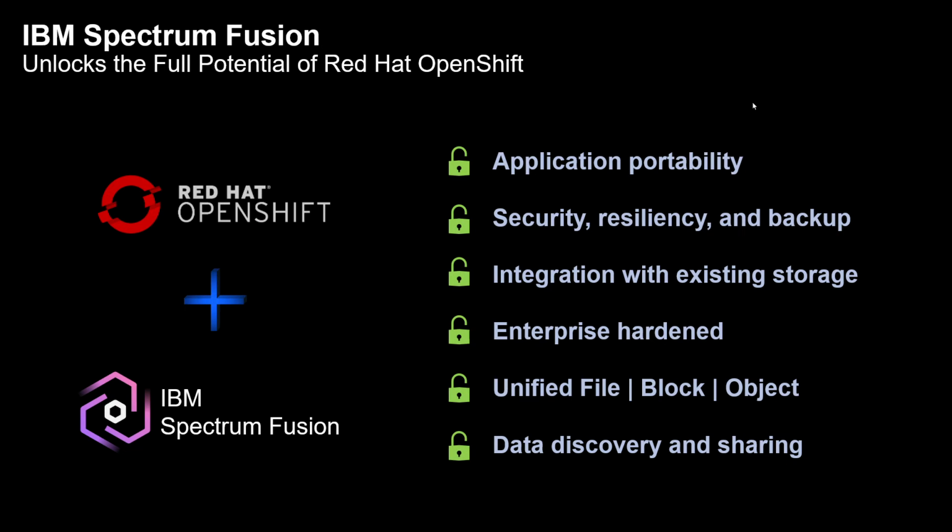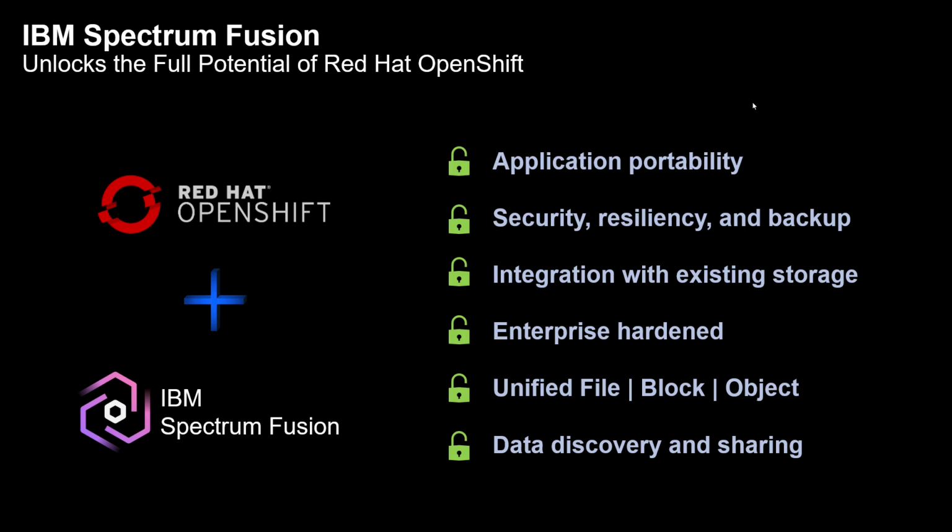So Fusion, what do we do? What is Fusion? It's really putting a Red Hat OpenShift Kubernetes environment along with Fusion, which provides the storage to it. Now the container gives you application portability, but the data is also portable now. You've got security, resiliency, and backups, and we'll talk about that in a little detail. You can integrate with existing storage.